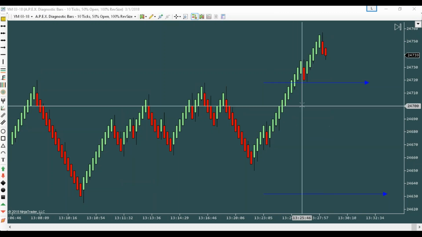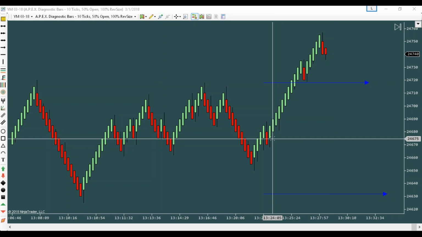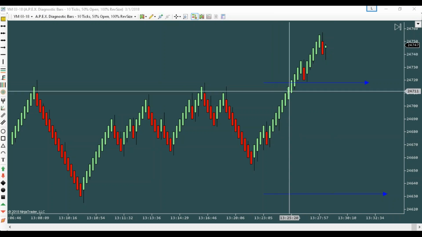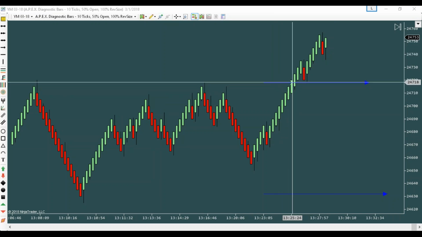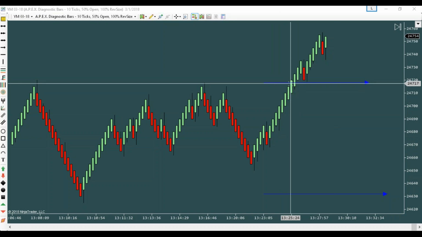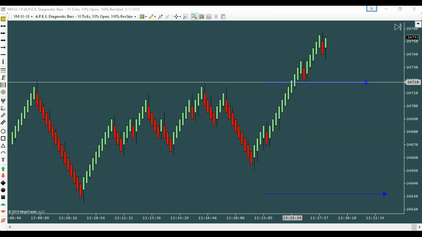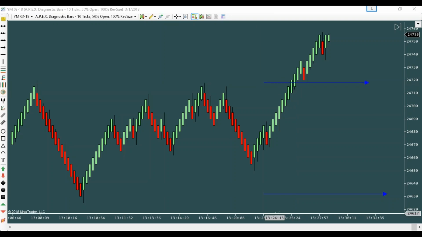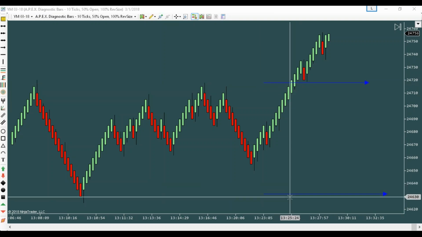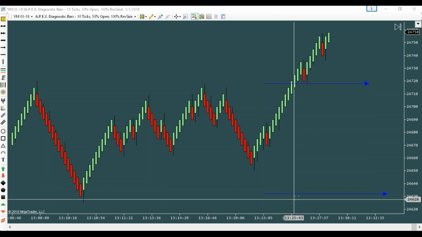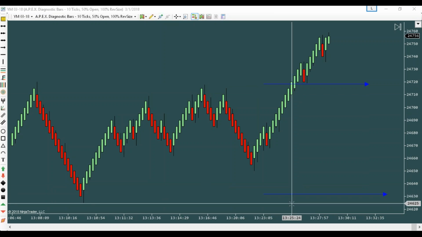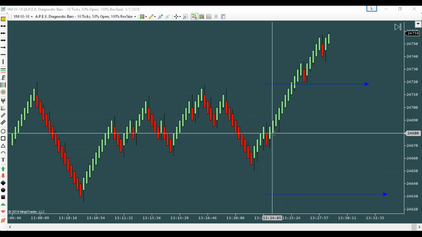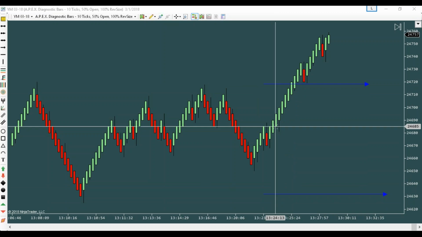Okay, so yes, if the market hit one of these, I would close it out at 50, okay, to minimize my loss. At the same exact time, I'm also going to close out this side. But this side's going to have profit in it, isn't it? Because remember, I got into this trade kind of here in the middle.